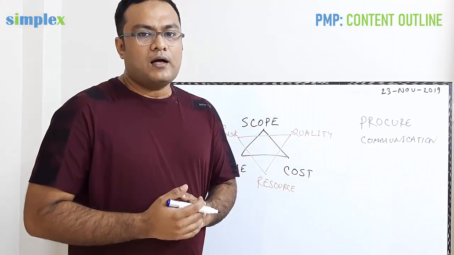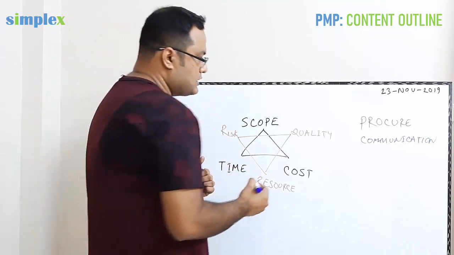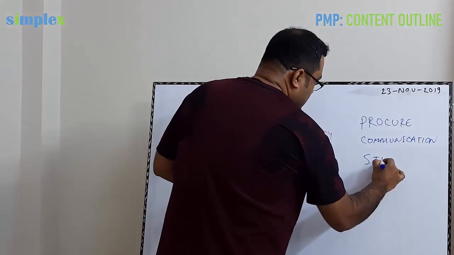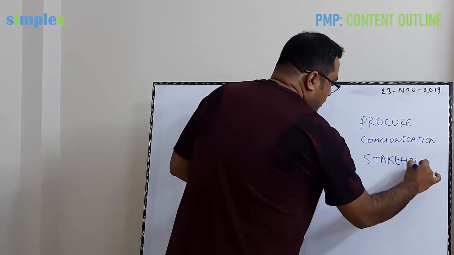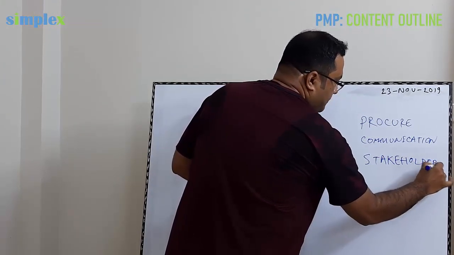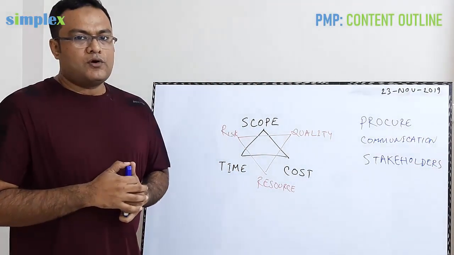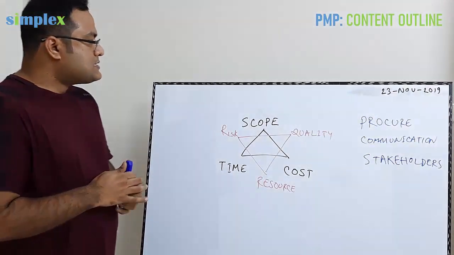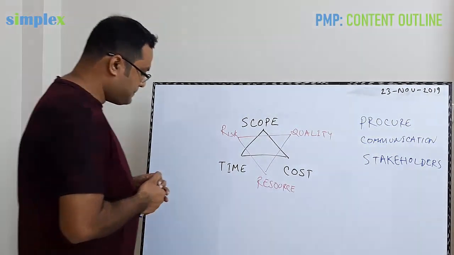And to communicate properly, you need to identify your stakeholders. So you need to understand how to identify stakeholders and also how to manage their expectations and how to involve them in your project. So these are the 9 dominant knowledge areas in the PMP exam preparation course.